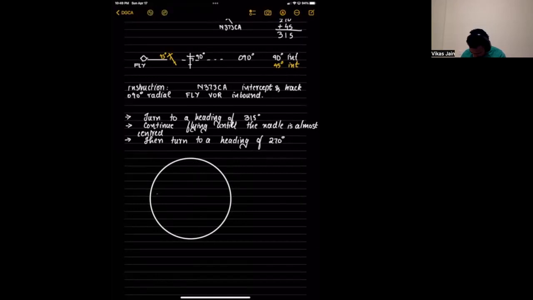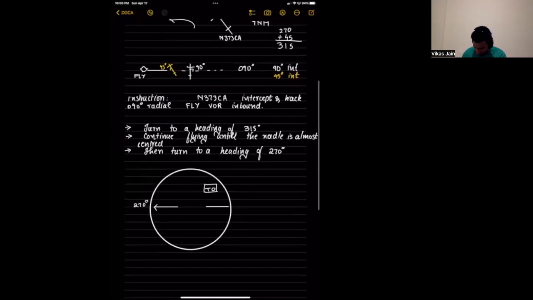You should have tuned your HSI to a course of 270 degrees with a TO indication. That indicates you're closer to the 090 radial, and you are to the south. So the deflection should be somewhere like this.